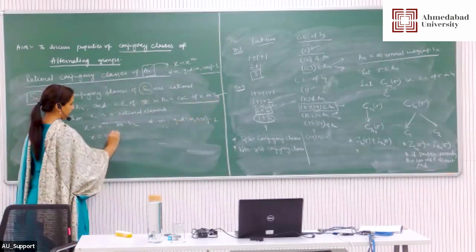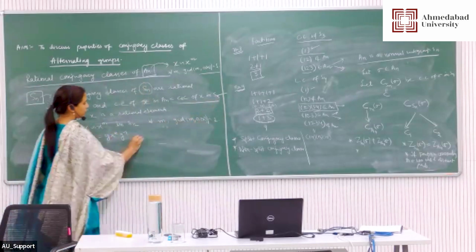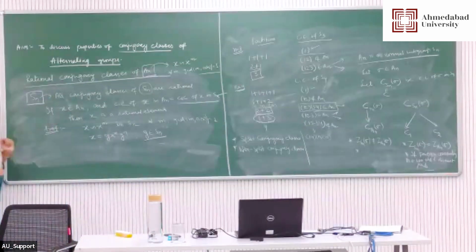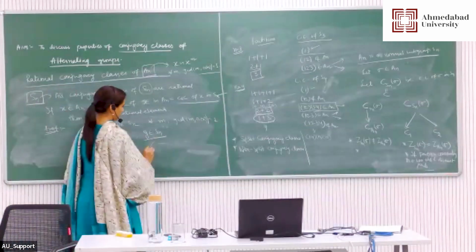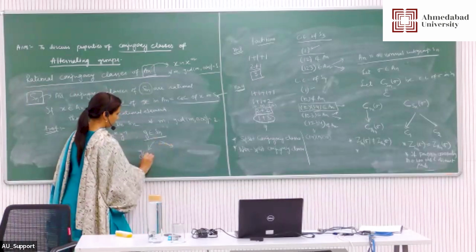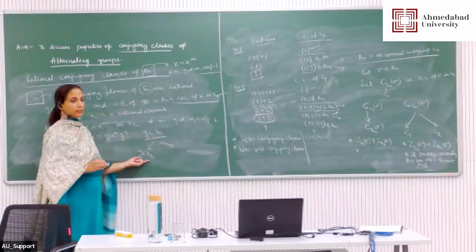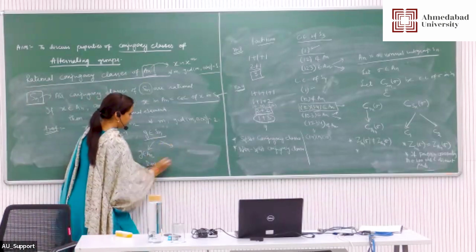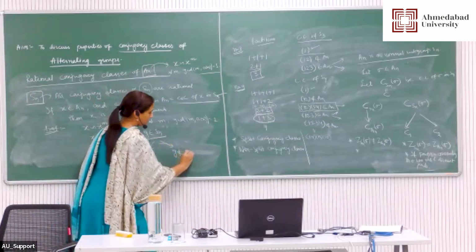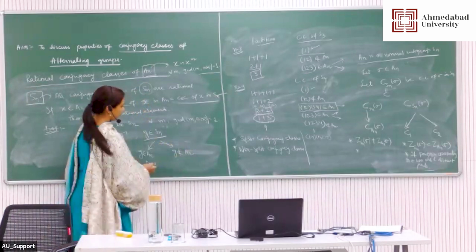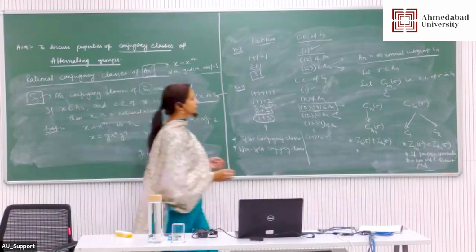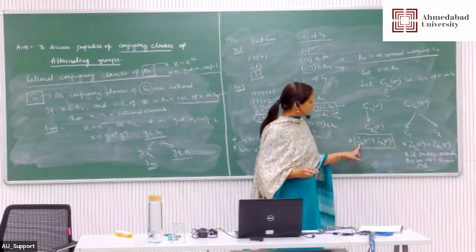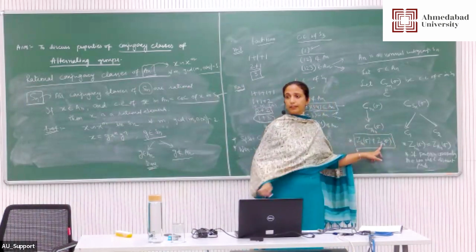So what do I mean by in An? This element g is coming from Sn. There are two possibilities. If this g is already in An, then I'm done, nothing to do. If g is not in An, then see what is happening here. In this case, the centralizer in Sn is not the same as the centralizer in An.